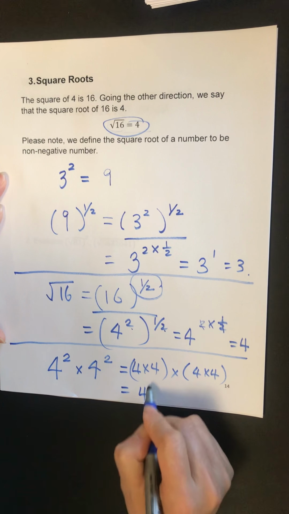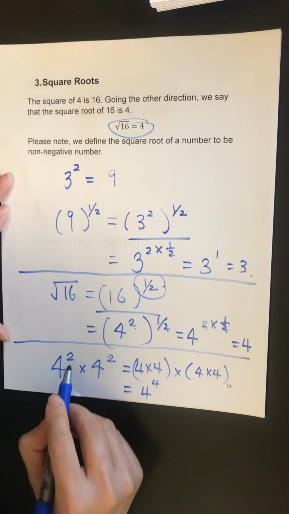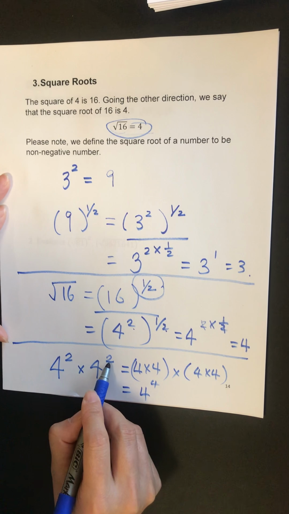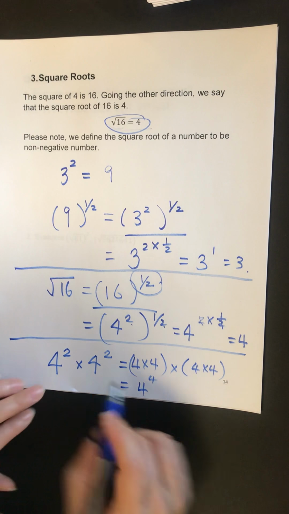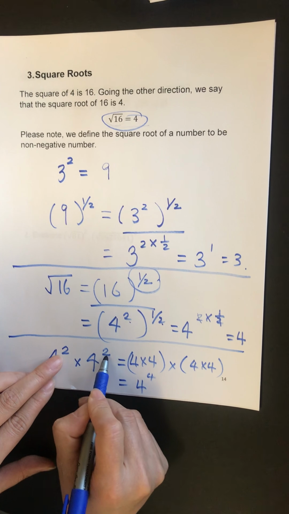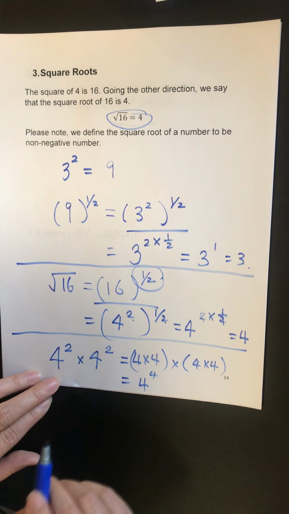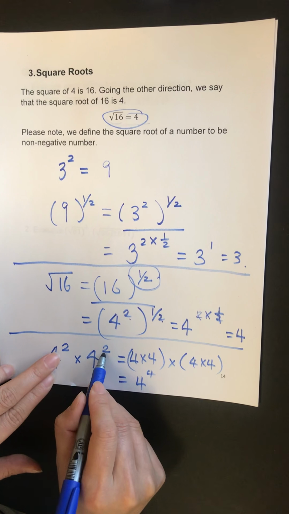Then we have 4 to the power of 4, as if you are collecting 2 plus 2, okay? This actually, for multiplication, you do addition. In this case, this so happens to be the same.